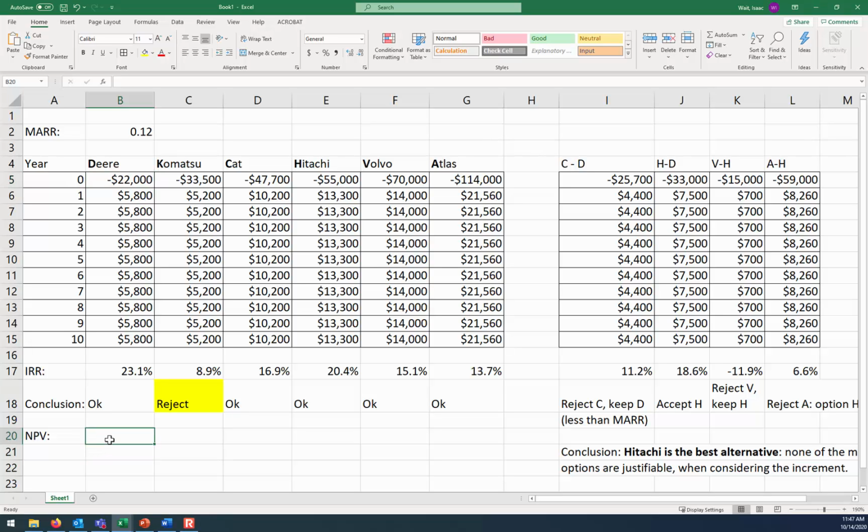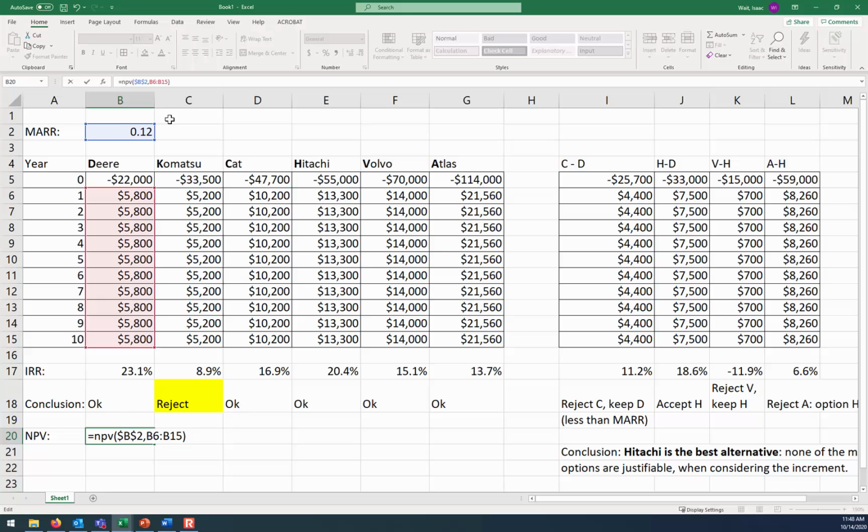function. So what we're going to say is equals NPV, and now it's asking the rate. So let me refer up here to the location that has our 12% interest rate. And then it's asking me to tell it the values. So I'm only going to put the values that are in the future, not inclusive of the amount at year 0. So that will discount all of the revenue to the present.